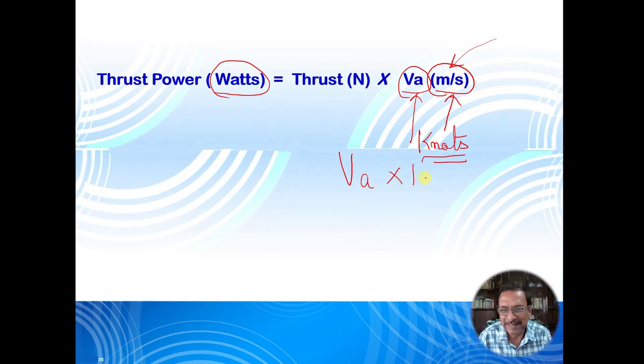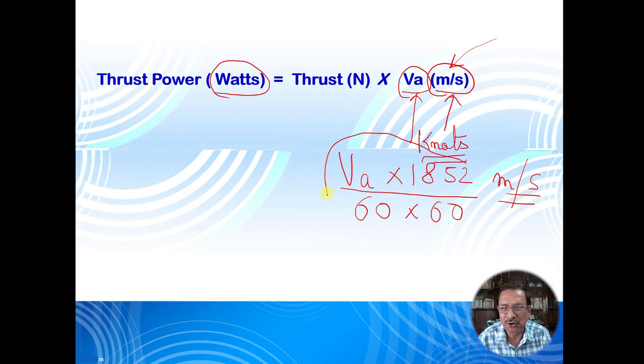We multiply it by 1852 divided by 60. That gives us meters per minute. Divide by another 60. That gives us the speed in meters per second. So this is how we convert knots into meters per second.